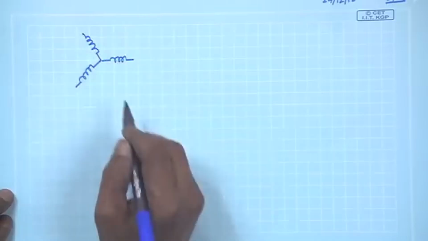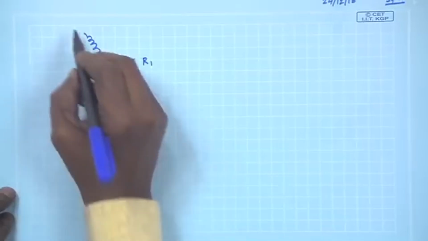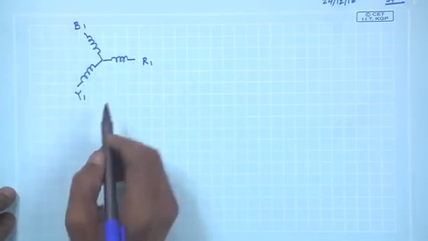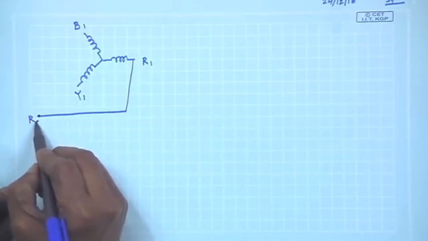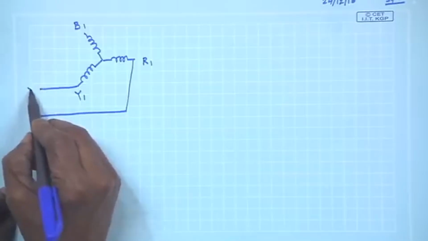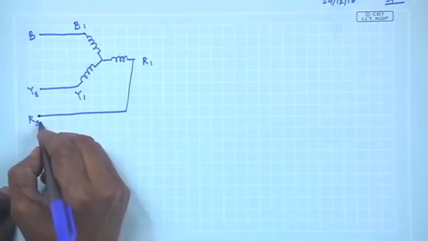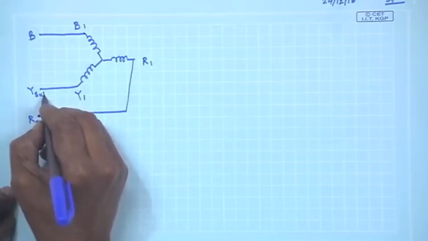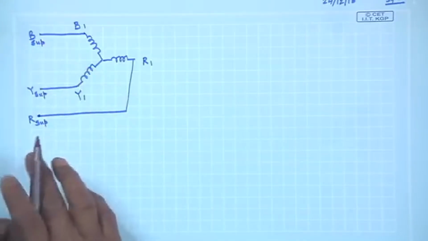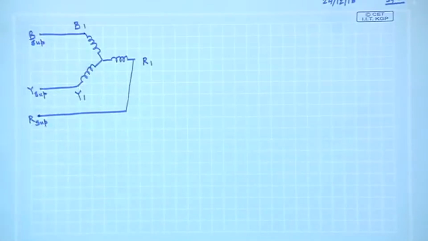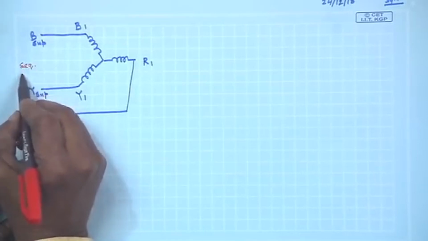And suppose this is R1, this is Y1 and this is B1, which are mutually apart, and if you connect it to supply RS, supply YS and supply BS, this is supply RYB. Then the result is a rotating magnetic field, and this supply sequence is RYB.